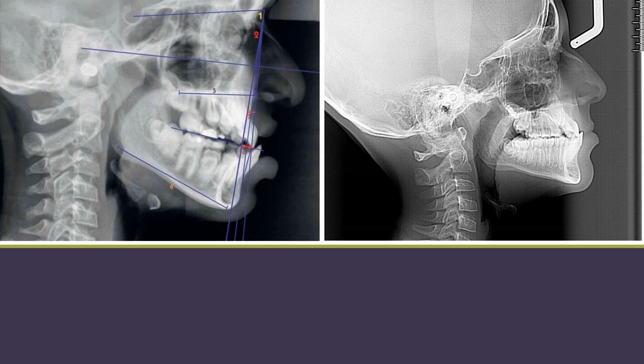The traditional approach to analyze patients with class 3 malocclusion is to use A and B discrepancy. A and B discrepancy is the relationship between the position in sagittal plane of maxilla and mandible.